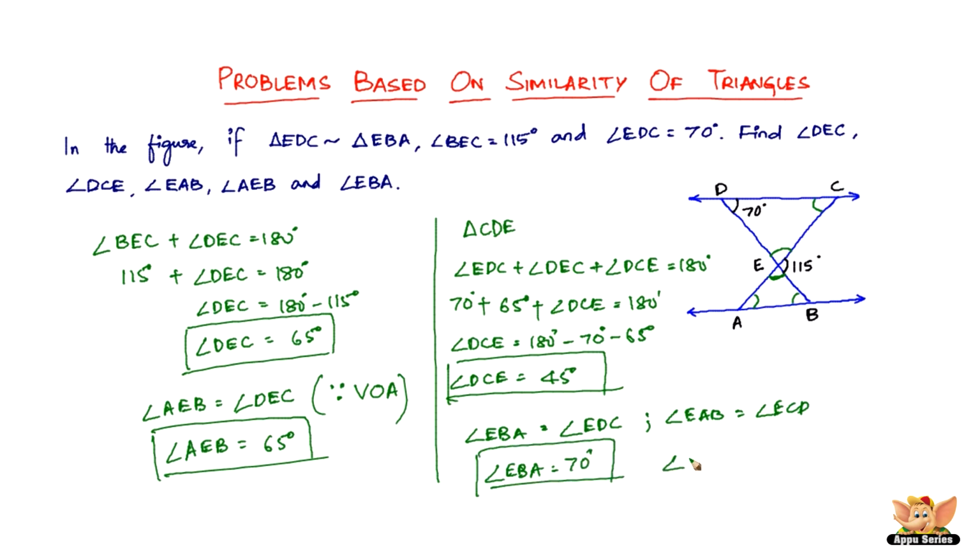And then angle EAB equals angle ECD, which we just found to be 45 degrees. So therefore, angle EAB equals 45 degrees. Therefore, we found all the 5 angles: 1, 2, 3, 4, and the 5th angle is here.